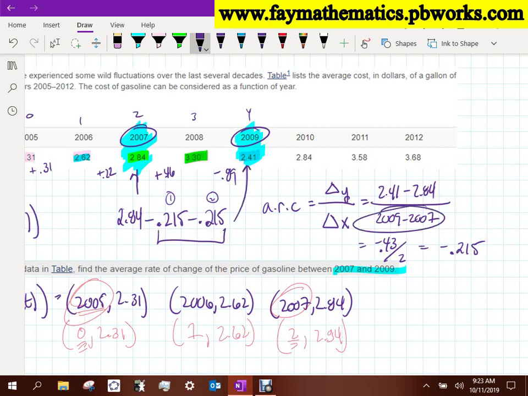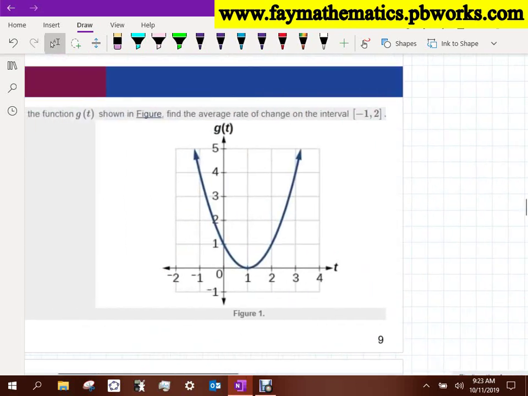Does that get me to 2.41? Does that make sense? And that's the idea of average rate of change, is telling you how much did you change per year on average. Okay? So that's what we're looking for in questions like that. Does that make sense?